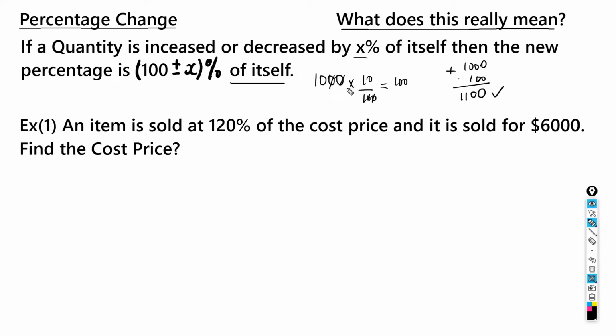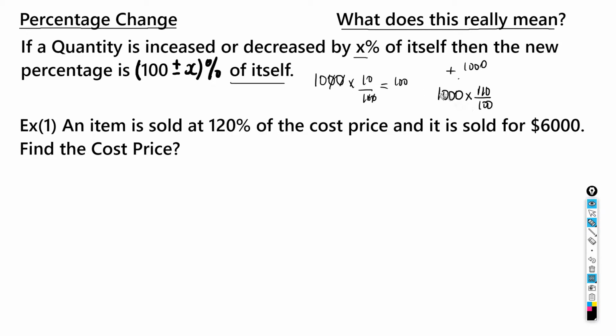Cool? Because your $1,000 increased by 10%. So basically what this is saying is that if a quantity is increased or decreased by X percent of itself, then the new percentage is 100 plus or minus X percent of itself. Instead of finding the $100, the 10% that it increased by, all you had to do was multiply this $1,000 by 100 plus 10%, which is 110%, 110 over 100 of itself.